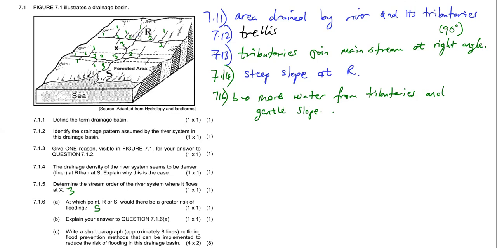Now, what do we have here? Write a short paragraph of approximately 8 lines outlining flood prevention methods that can be implemented to reduce the risk of flooding in the drainage basin. So how do we reduce flood?